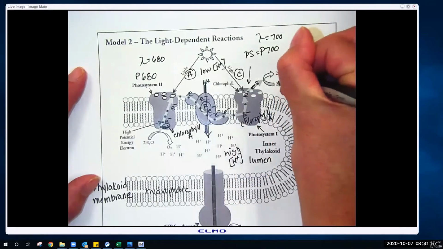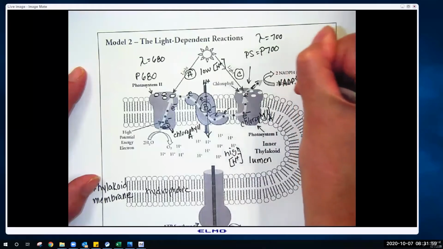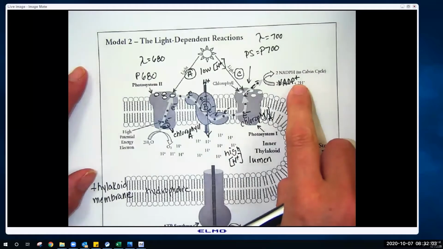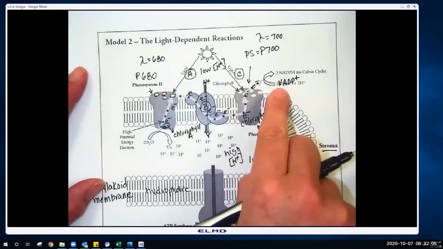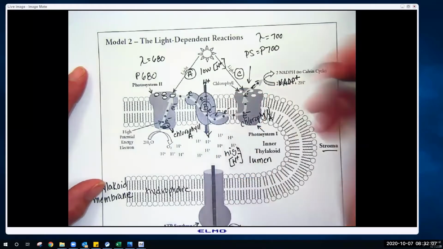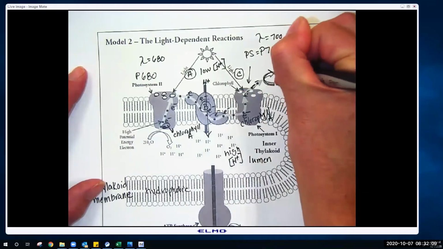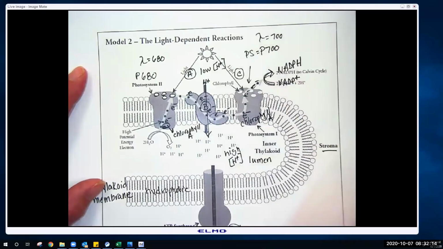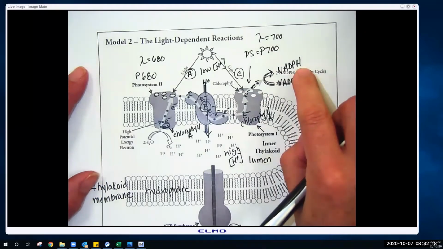So this is NADP+. It has a positive charge. When that electron is taken by NADP+, it is reduced to form NADPH. I don't see that electron anymore, but I see the hydrogen, and I know the electron is there because hydrogens follow electrons around.